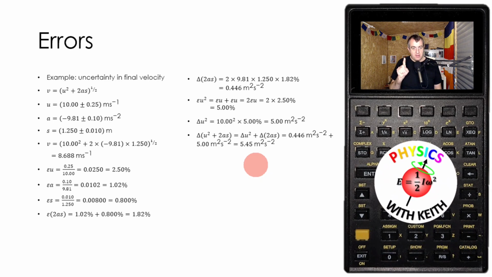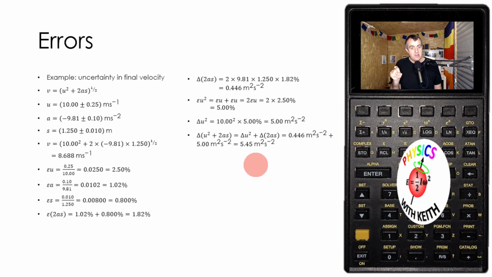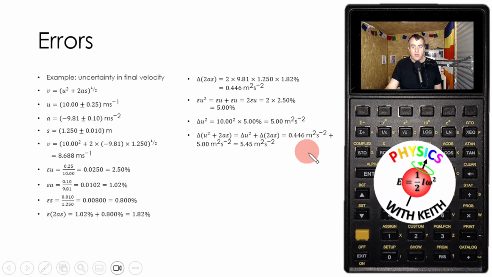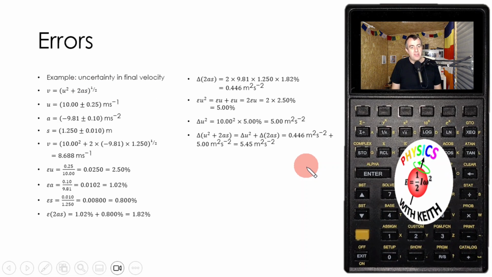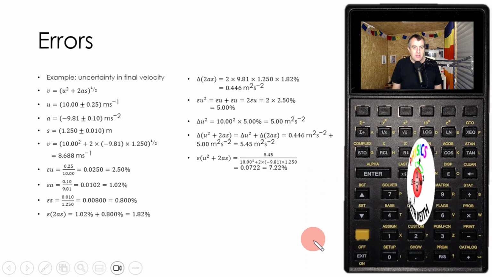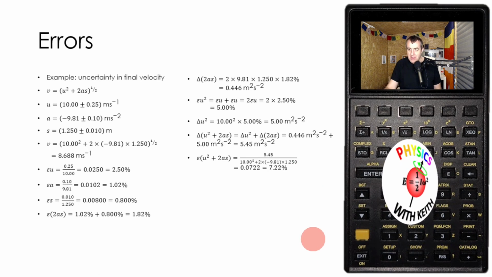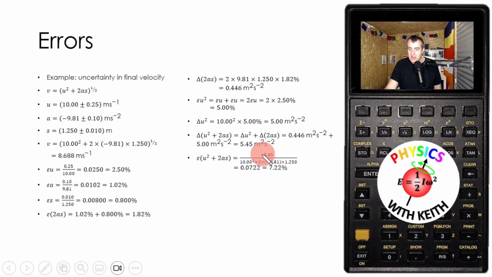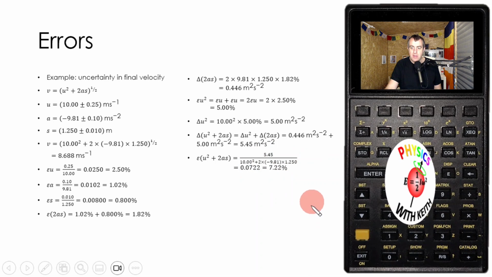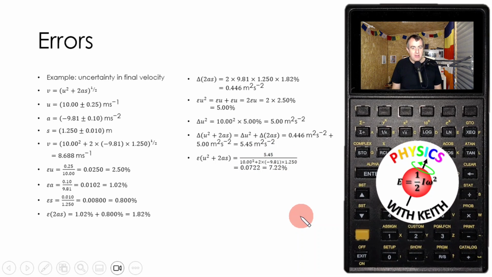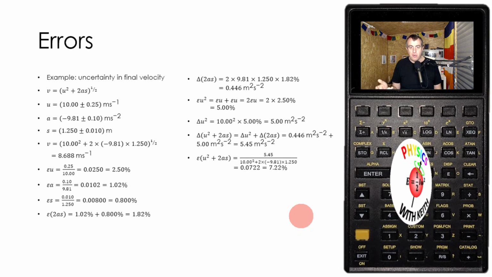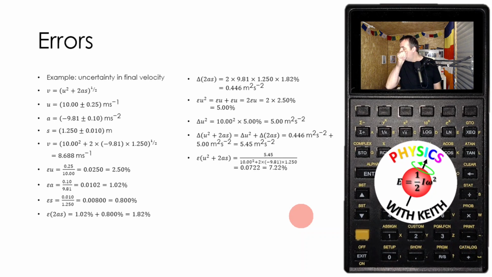But u squared plus 2as is all being square rooted. It's all being raised to the power of a half. So I need to know what the percentage uncertainty is. Percentage uncertainty is going to be the absolute uncertainty divided by the mean value. I just put all the numbers in there to calculate the mean value, and I got a percentage uncertainty of 7.22%.